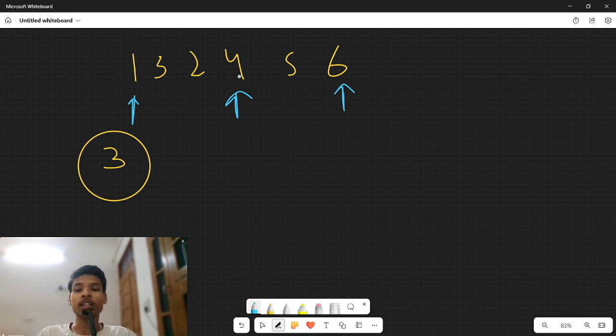Yes, my 4 is greater than 3, which means I will try to find in a smaller search space. Then the mid of both these numbers is 2. Is my 2 smaller than or greater than 3? It is smaller than 3, which means now I will go in this part. Now my search has ended.